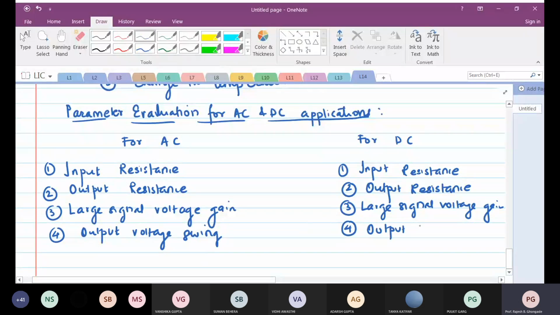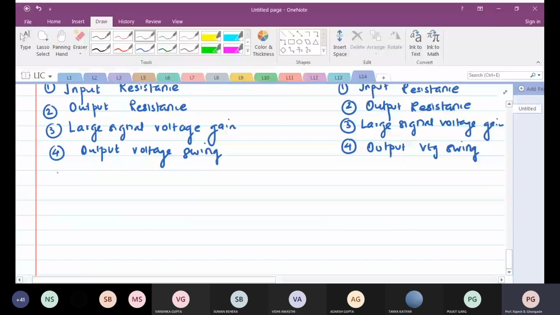Here also output voltage swing. Average input offset voltage and current drift.